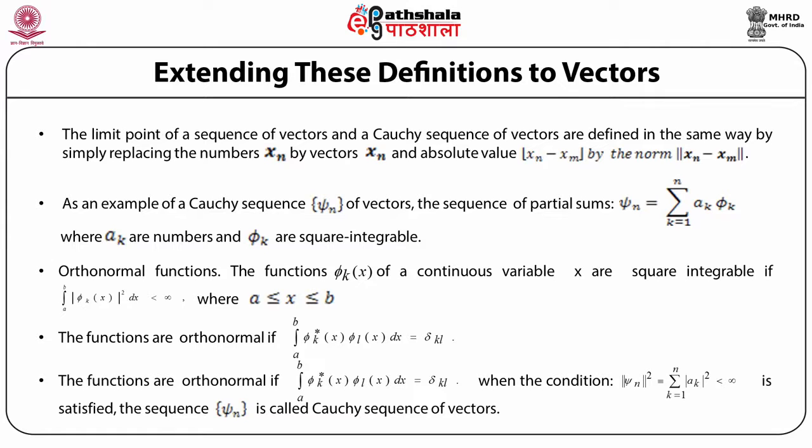Now, when the condition that the square of the norm of psi n, which is the summation k going from 1 to n of modulus of ak whole squared, is less than infinity is satisfied, then the sequence psi n is called the Cauchy sequence of vectors.